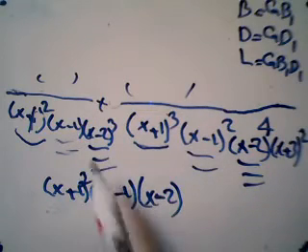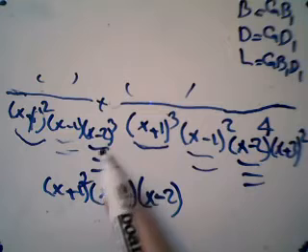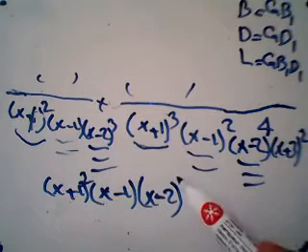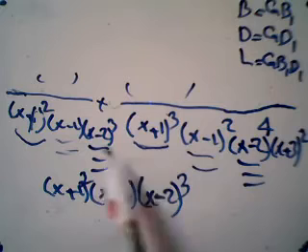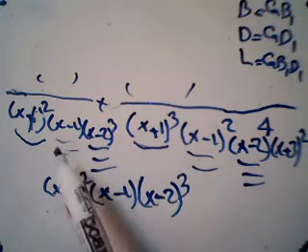So this is 1, and the power of x minus 2 here is 3, here is 4. So this is the greatest common divisor, which is divisible by both of them. And that's why I said that we choose the lower power.